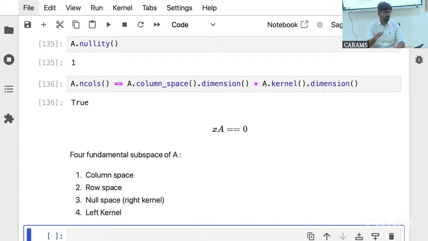Given any matrix A, we can find all these four subspaces. There are a lot of things people play with there.